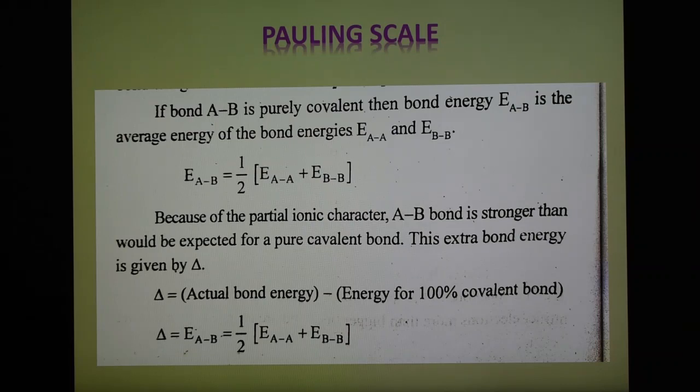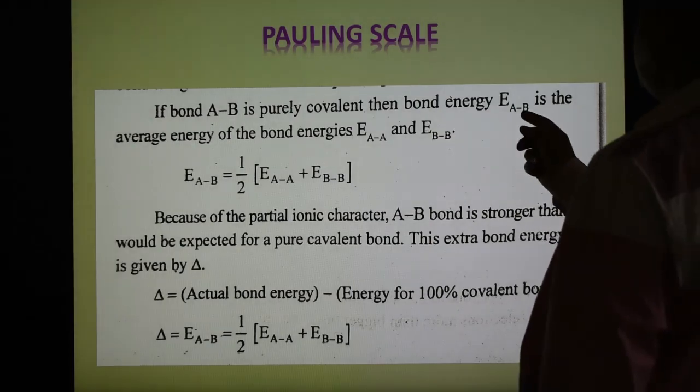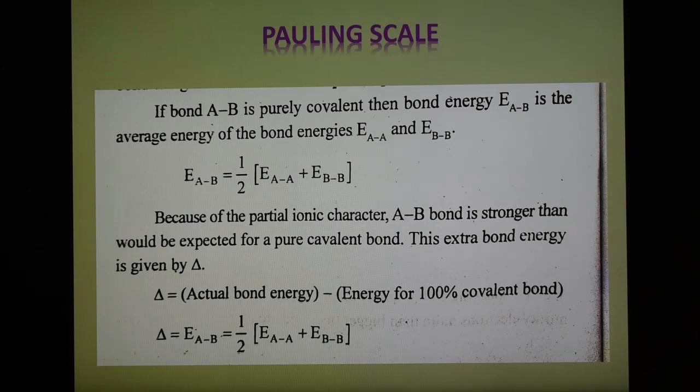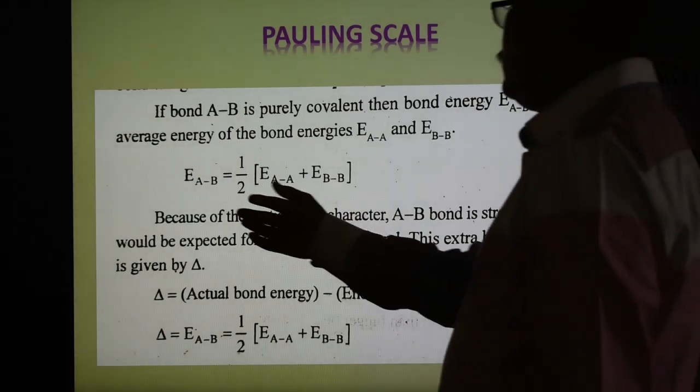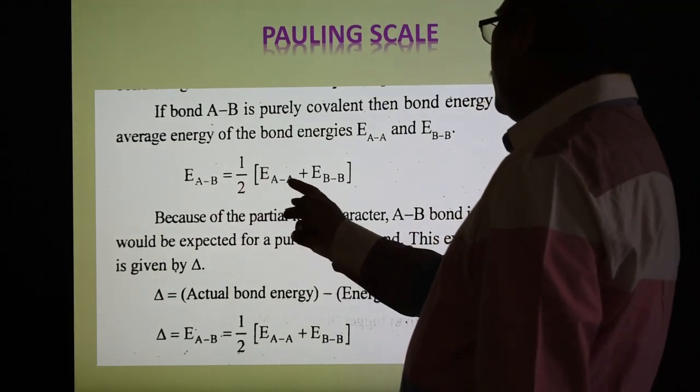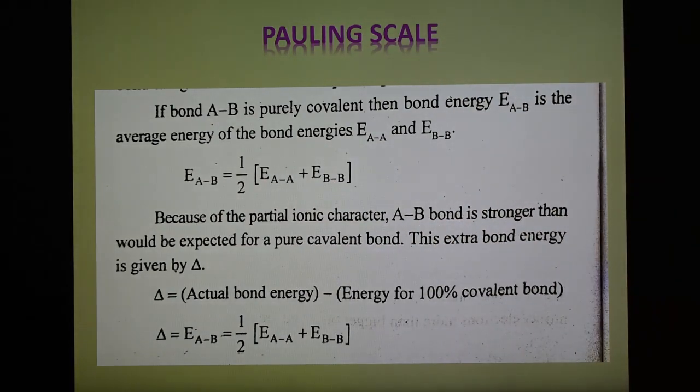If the bond is purely covalent, then the bond energy EAB is the average of the bond energies of the A2 and B2 molecules. So we can calculate the average bond energy of the AB bond as half of EAA plus EBB, the average of the energies of the two molecules.